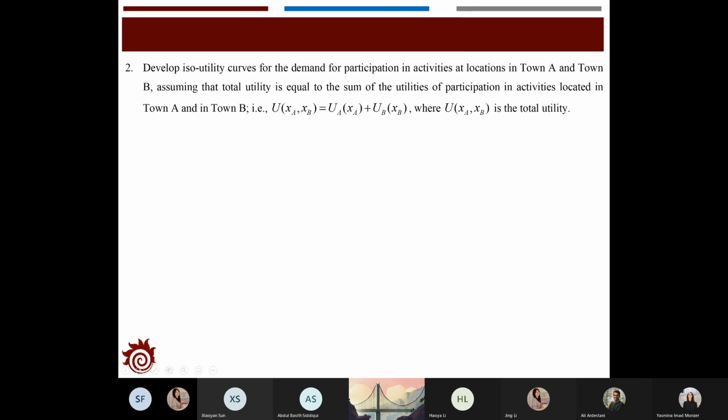You will find the relationship between XA and XB to show the isoutility curve. For the total utility, usually we have U(XA, XB) as the utility at town A plus the utility at town B. This happens when we assume that the utilities are independent of each other, and this is also a common assumption.